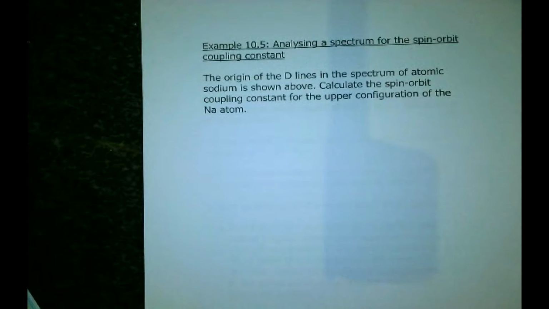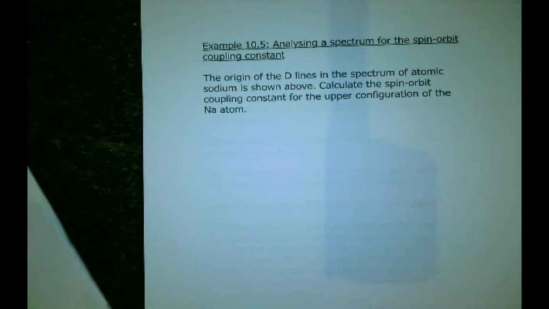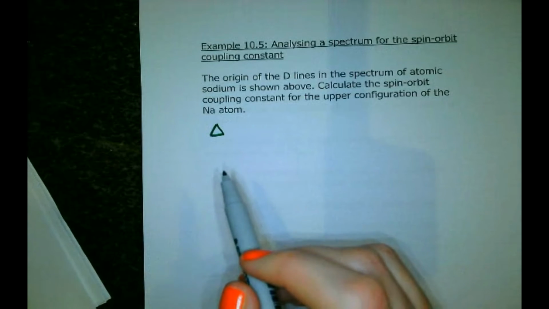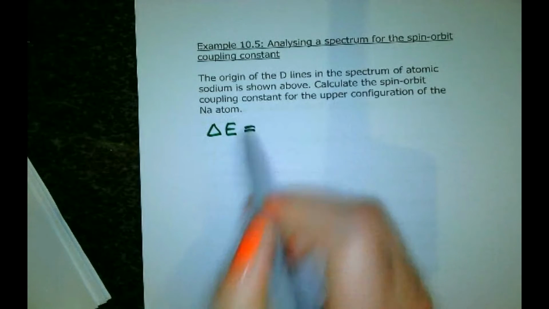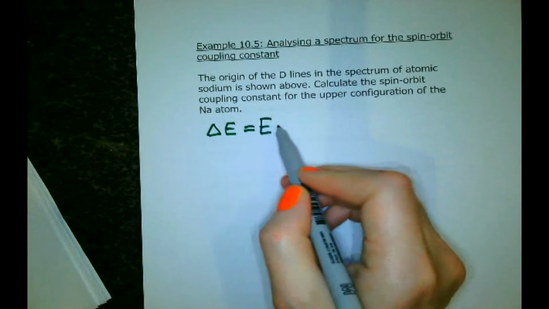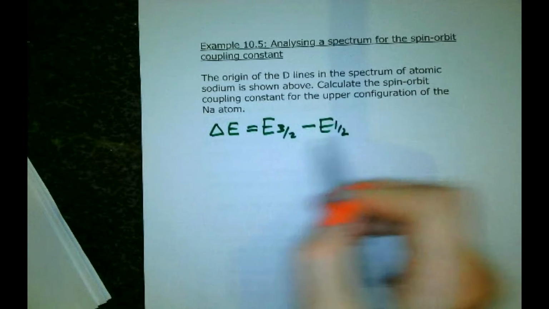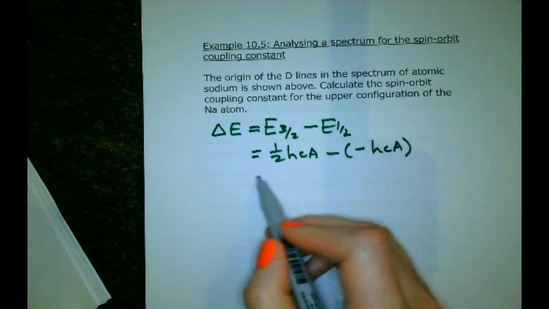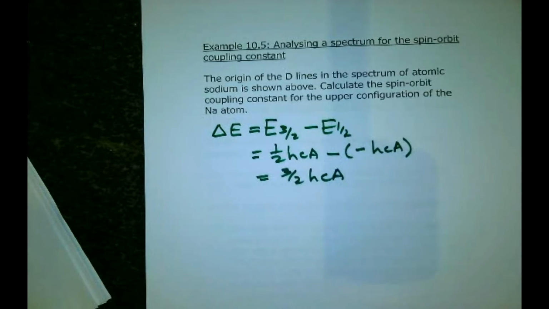So sodium is an alkali metal atom, and we've just looked at the sodium spectrum, and it is asking us for the constant A. Now in illustration 10.3, which we've just done previously in class, we found that the change in energy between the two levels, we actually calculated the energy of each of these, is equal to that.